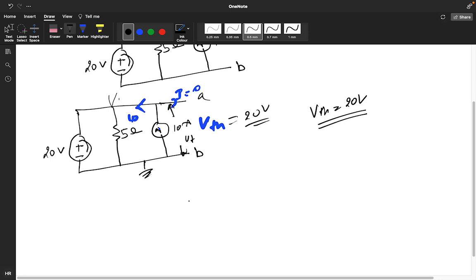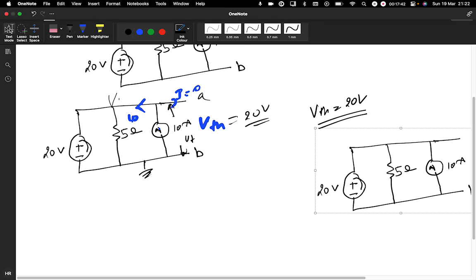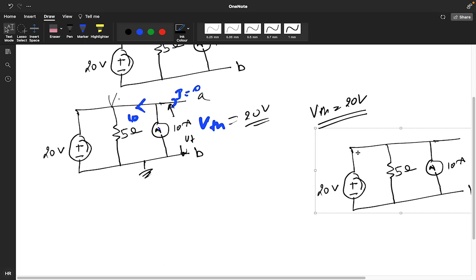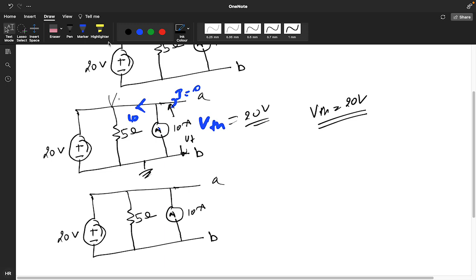Okay. So for finding the value of RTH, what do you need to do? You need to short circuit. So this will be shorted.